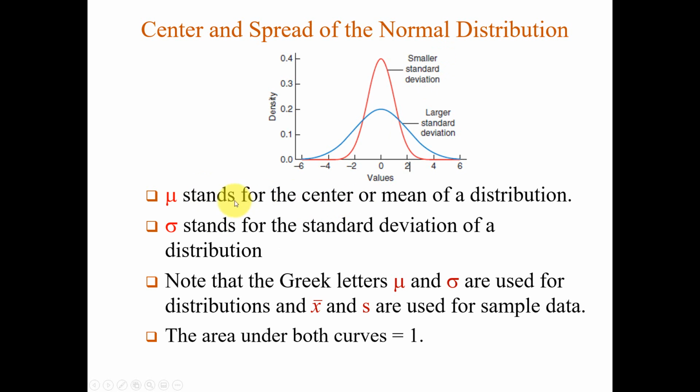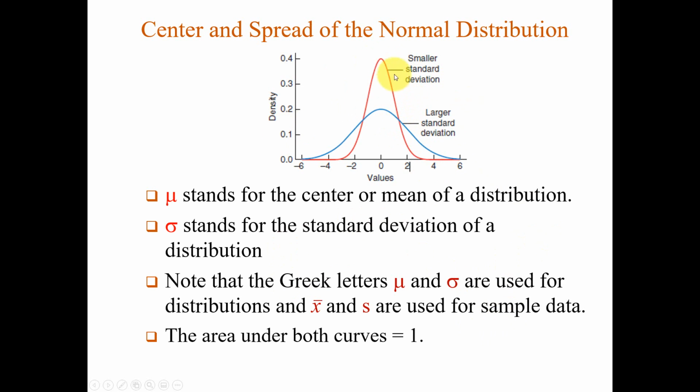So mu stands for the center or mean of the distribution. This funky looking symbol, sigma, stands for the standard deviation of the distribution. And mu is interchanged with x bar, the sample mean, and s is the sample standard deviation, while sigma is the population standard deviation.